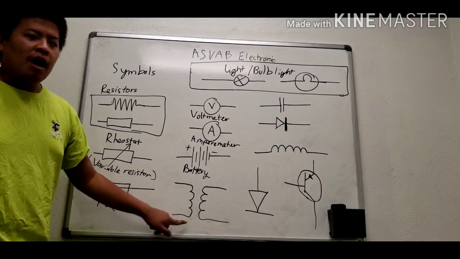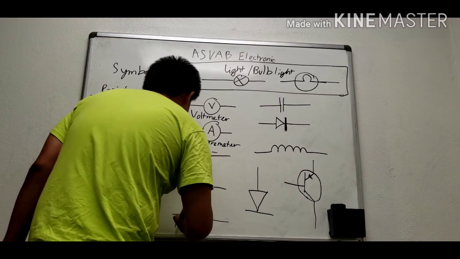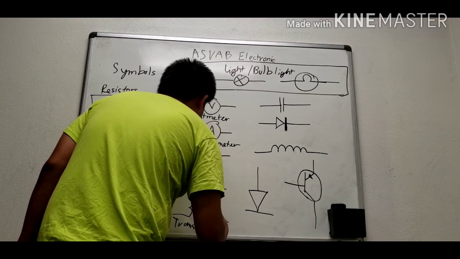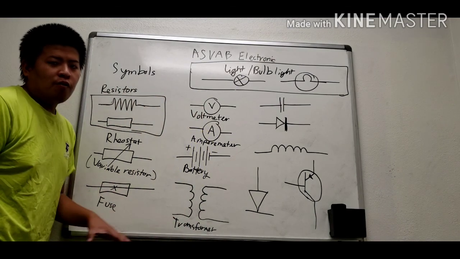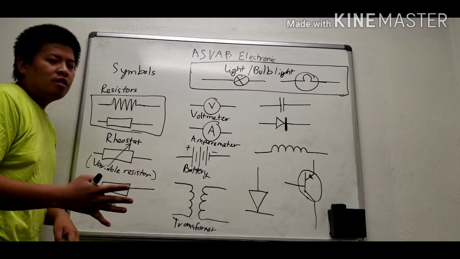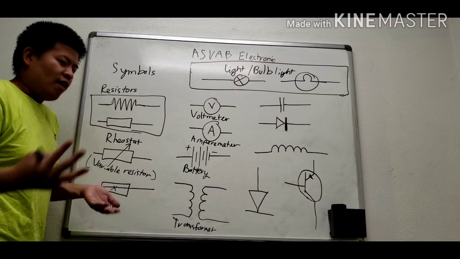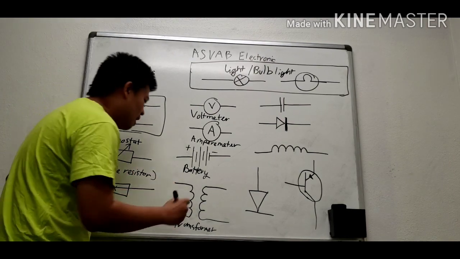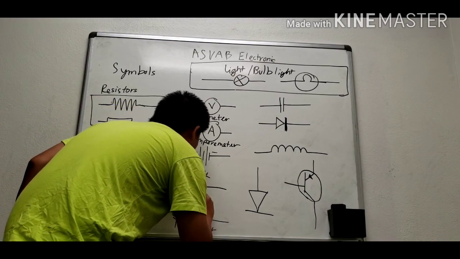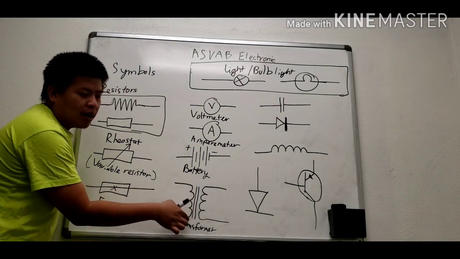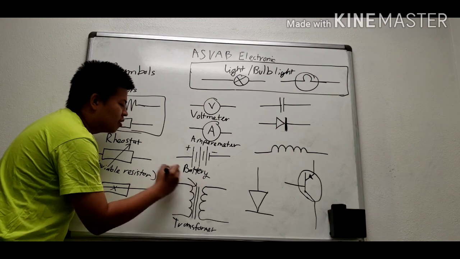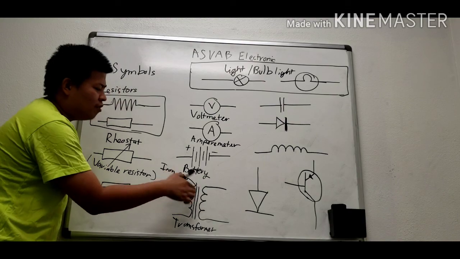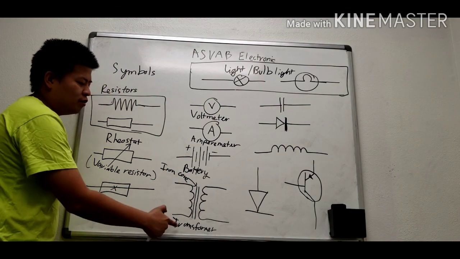This one is the transformer. It converts the high voltage to the low voltage or vice versa. Inside the transformer there is an iron core, and this iron core is used just for the transformer.